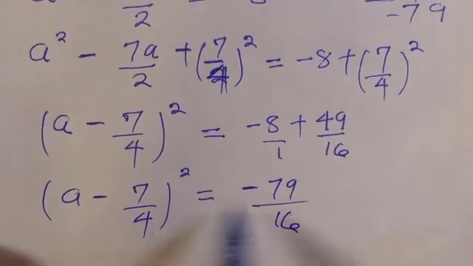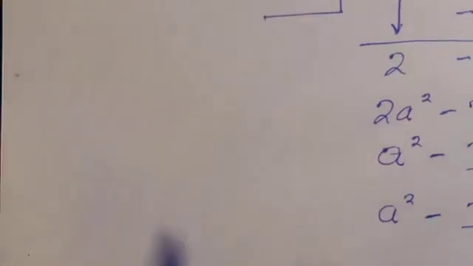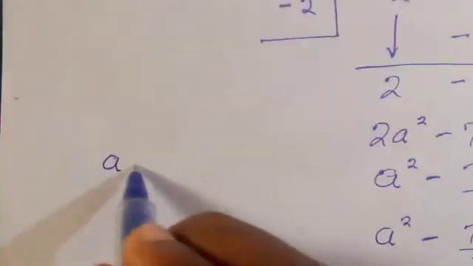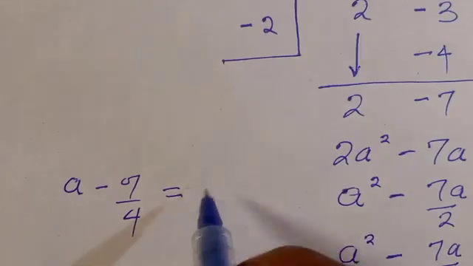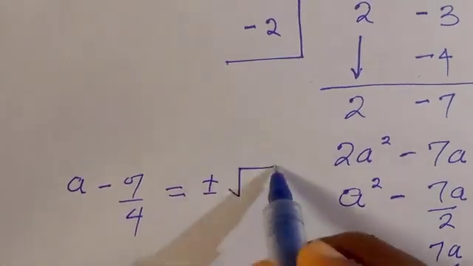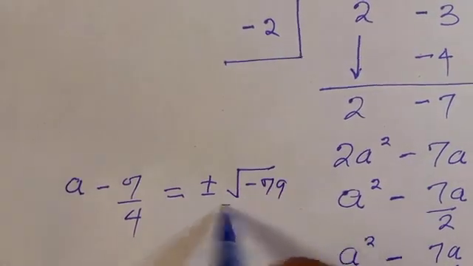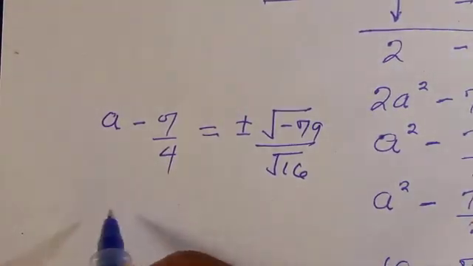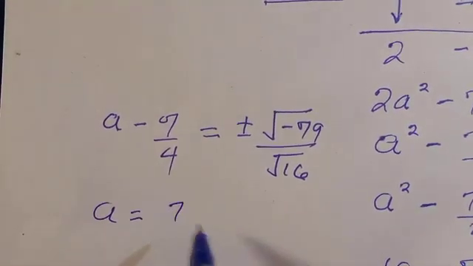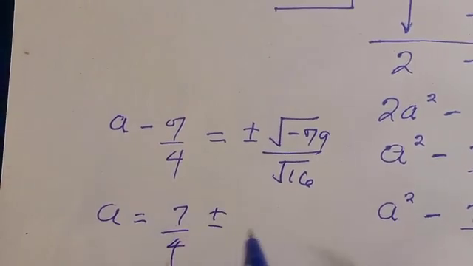The next thing is we take the square root of both sides. Doing that, we have a minus 7 over 4 equals plus or minus the square root of minus 79 divided by the square root of 16. And we take this one to the other side. Here is 7 over 4 plus or minus.